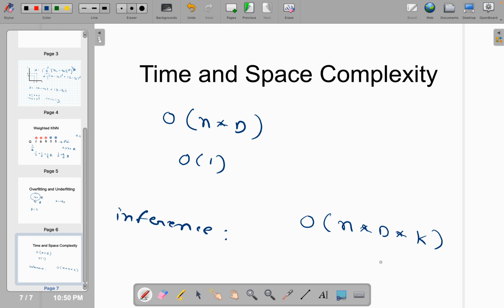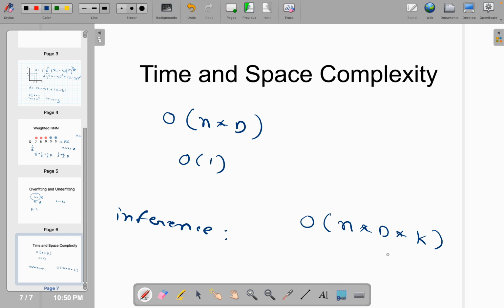If you break down this time complexity, n into d is basically used to calculate the distance from our query point. We calculate the distance of all points from our query point, and only then can we find the k nearest neighbors, and k is to identify the k nearest neighbors.